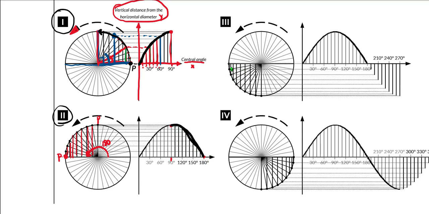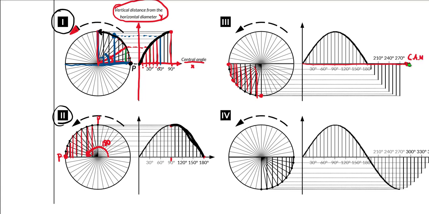Now, as we move through the third quadrant and point P moves from here to here, again, P is getting farther and farther away from the horizontal diameter, although now point P is below that horizontal diameter. So our heights are no longer above the horizontal axis over here, right? This horizontal axis, still that central angle measure.